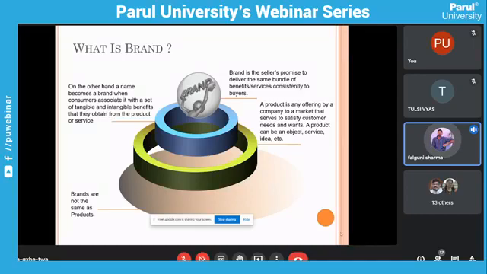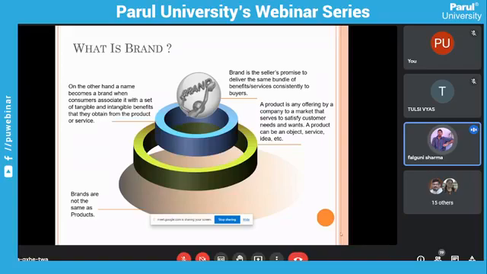A product is any offering by a company to the market that serves to satisfy customer needs and wants, and a product can be an object, service, or idea. On the other hand, a name becomes a brand when consumers associate it with a set of tangible and intangible benefits that they obtain from the product and services. So brands are not the same as products. Brands create equity later on, after the belief of the customers.